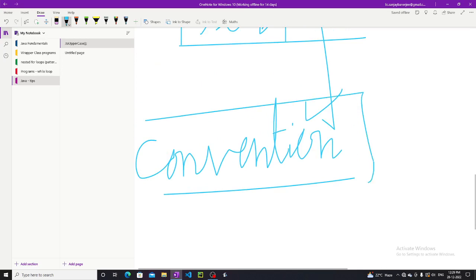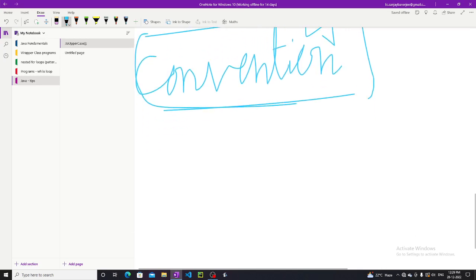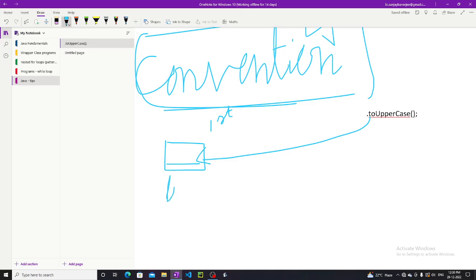Whenever a function name starts, the first character is always in lowercase. Taking dot toUpperCase as an example, the very first letter is always in small letters.